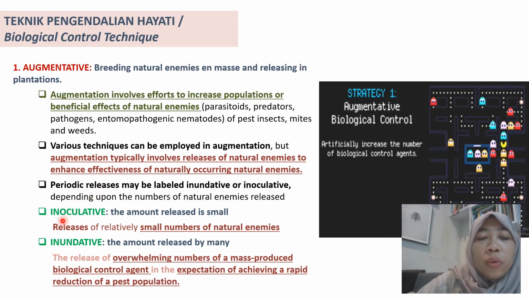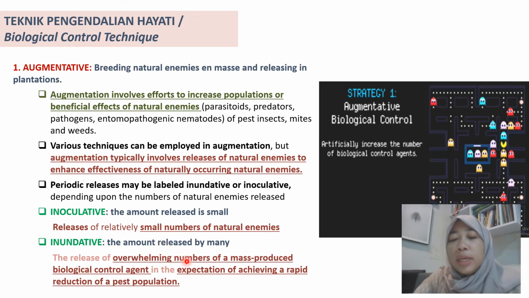We can do inoculative and we can do inundative. In inoculative, we release a small amount of the natural enemies, while in inundative we release many natural enemies in the ecosystem. What is the aim? What do we expect from inundative release of many natural enemies?